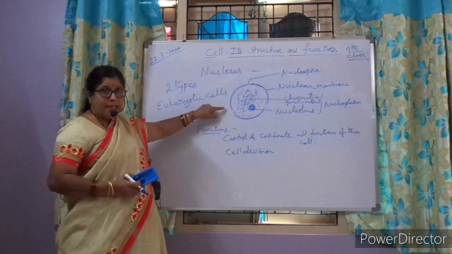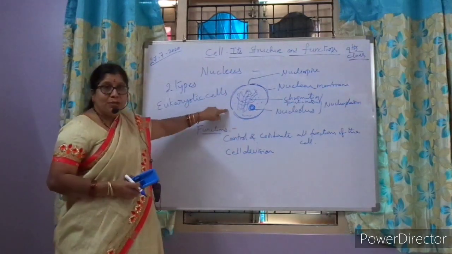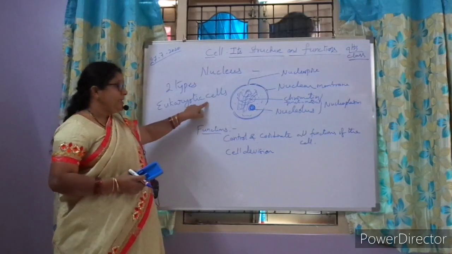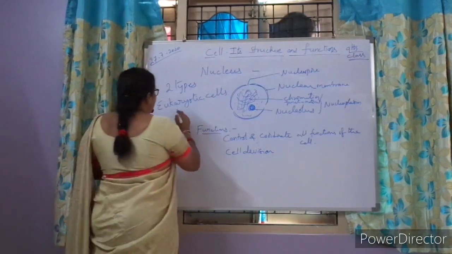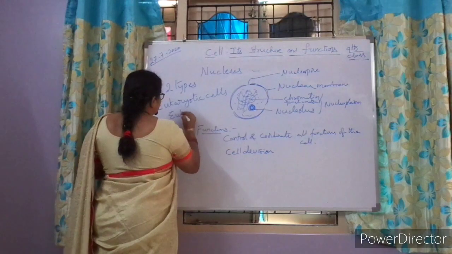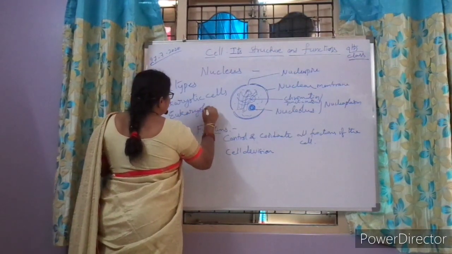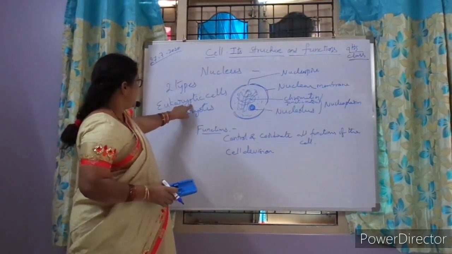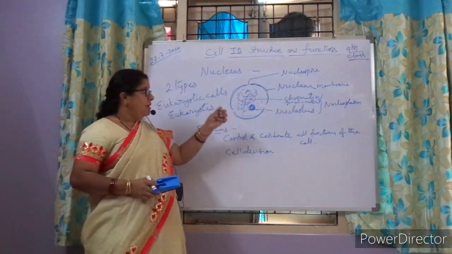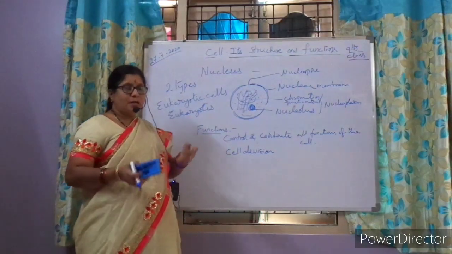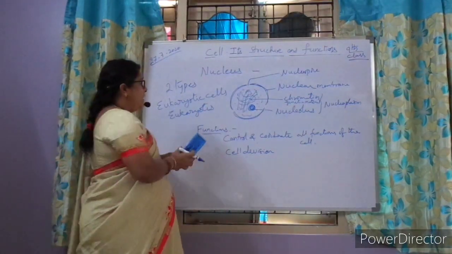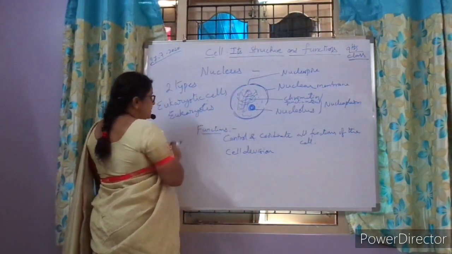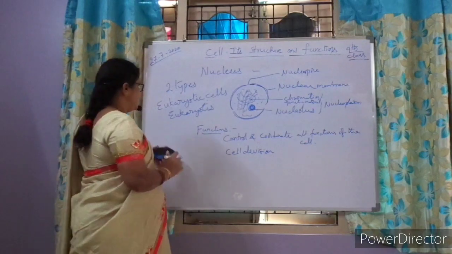The cell which contains the nucleus, or if the nucleus is present in the cell, then that cell is called a eukaryotic cell, and the organisms are called eukaryotes. Examples of eukaryotic organisms are amoeba, paramecium, a nerve cell, a plant cell, or an animal cell. They contain a nucleus, so they come under eukaryotic cells, and the organisms are eukaryotic organisms.